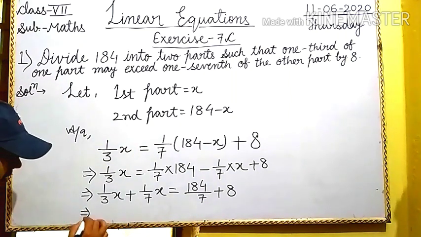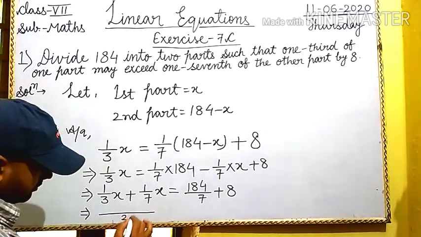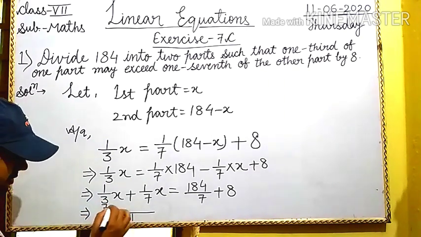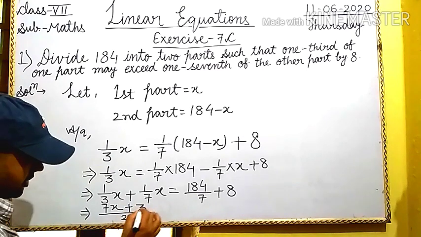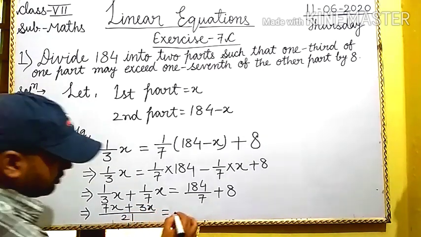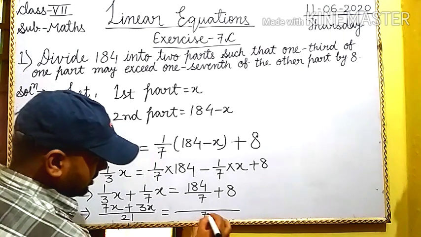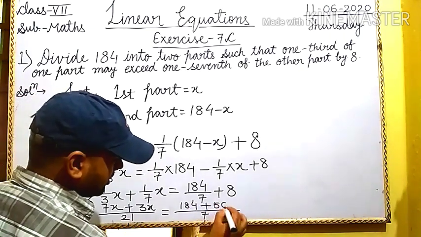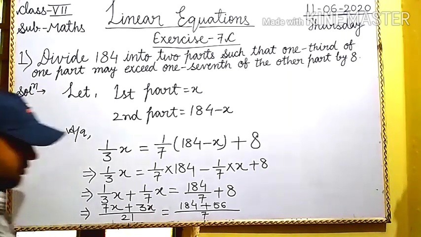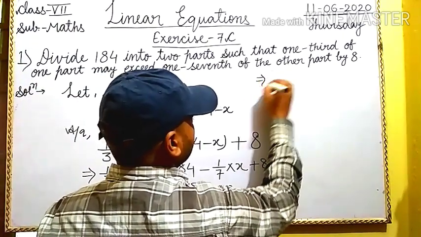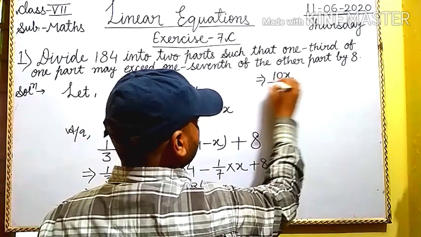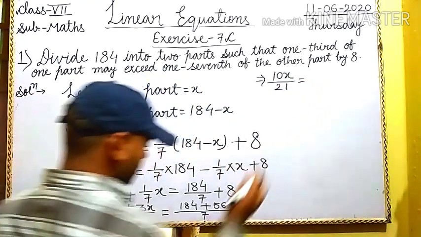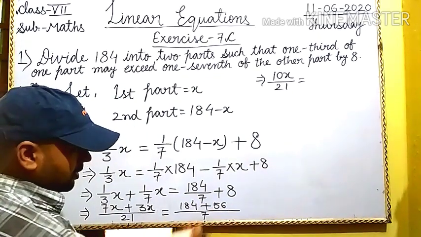Here take the LCM of 3 and 7, which is 21. 21 divided by 3 we get 7, plus 3, so 10x upon 21 is equal to 184 plus 56, taking the LCM of 7 and 1, which is 7.